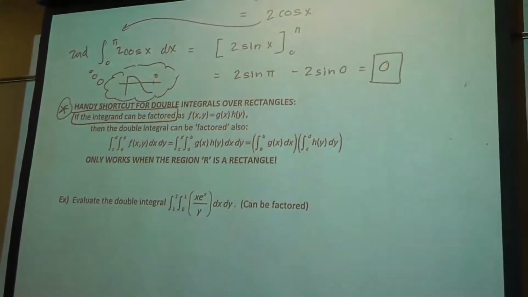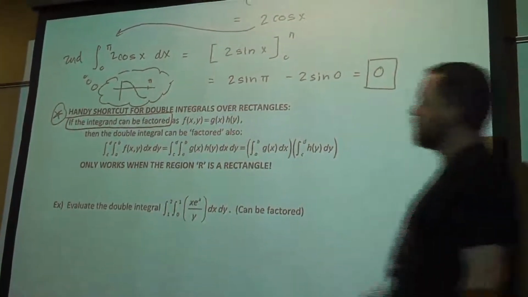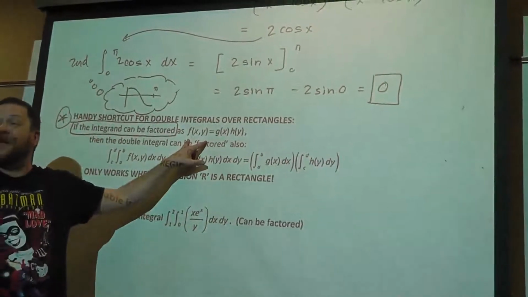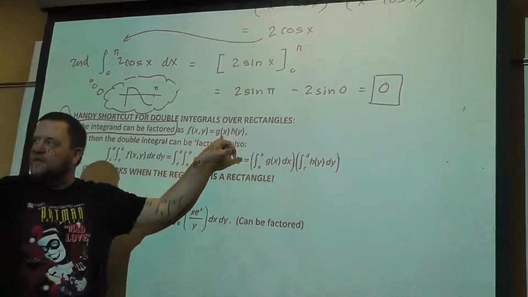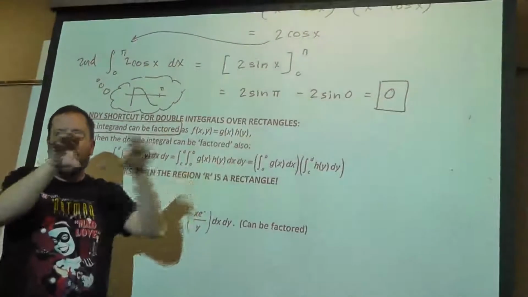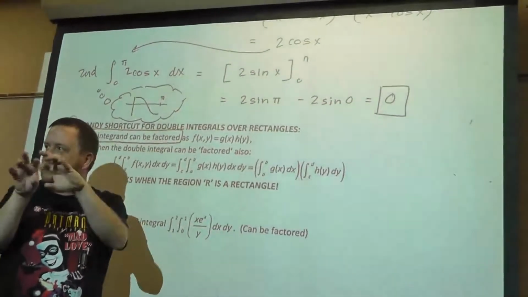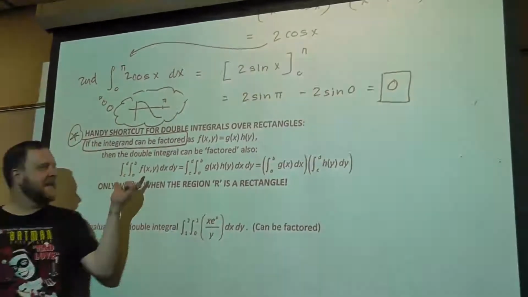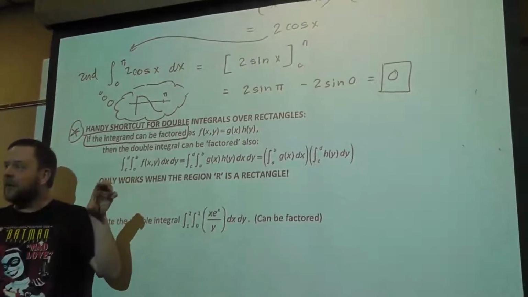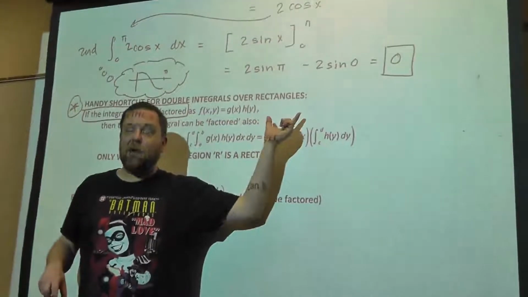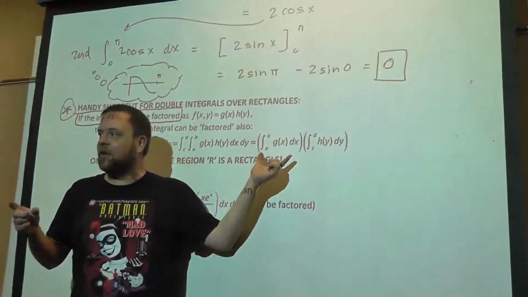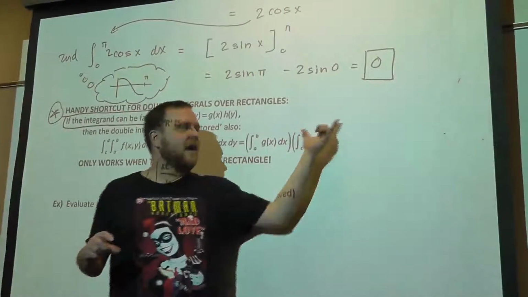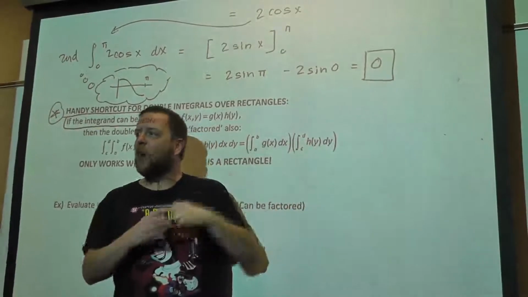It's originally just called f of x and y, a function of x and y together, but if you can factor it to where you have a unique function of x times a separate function of y, if you can separate the x and y parts as two separate functions, then you can take the integral over a rectangle and split it up. So you actually do a single integral for the x function over the x limits, and then just multiply it by a single integral for the y function over the y limits.